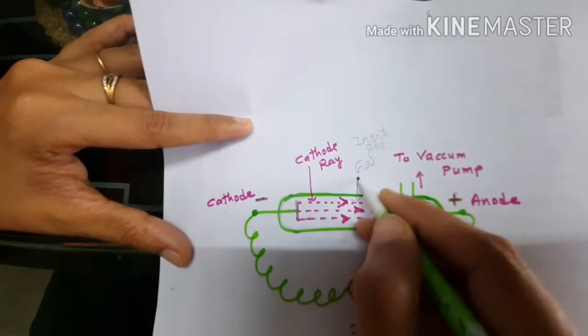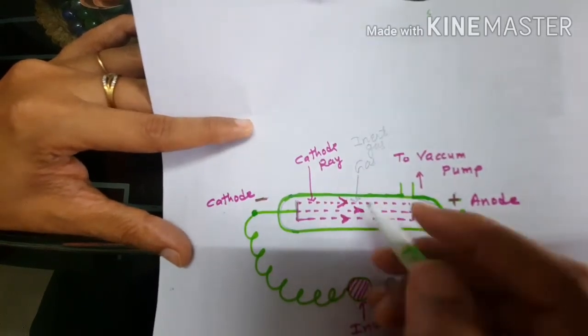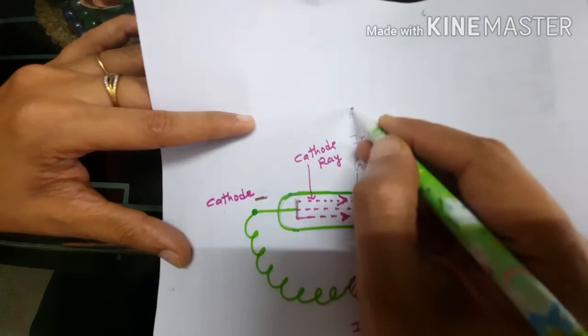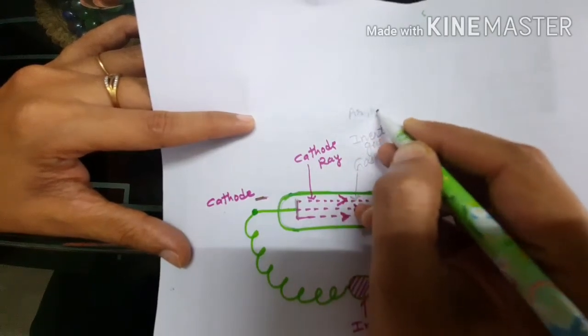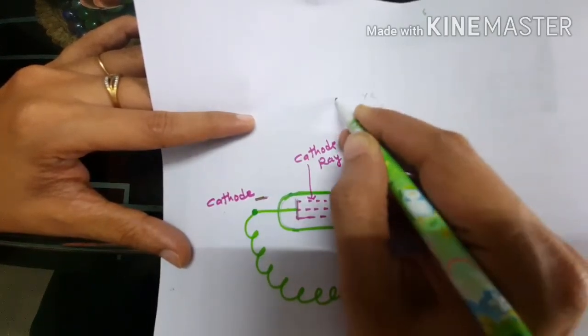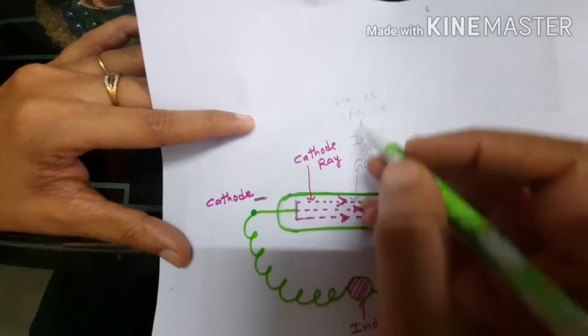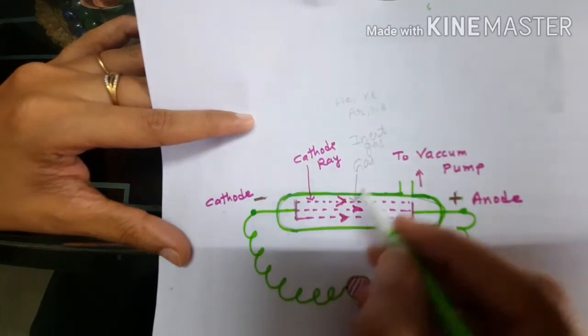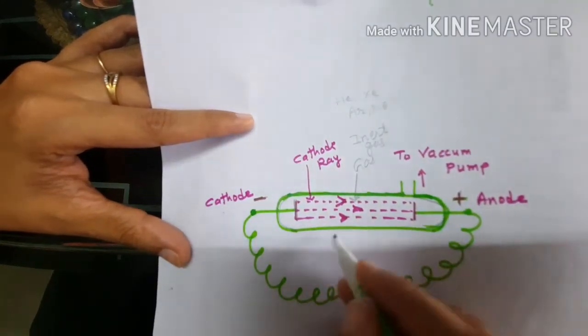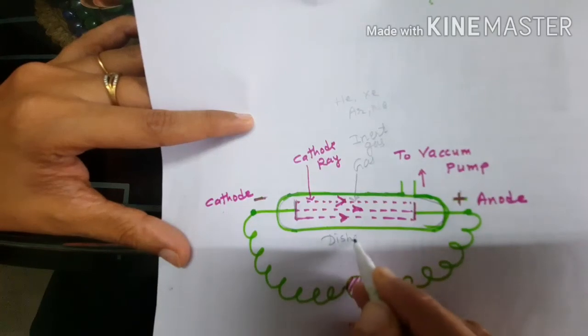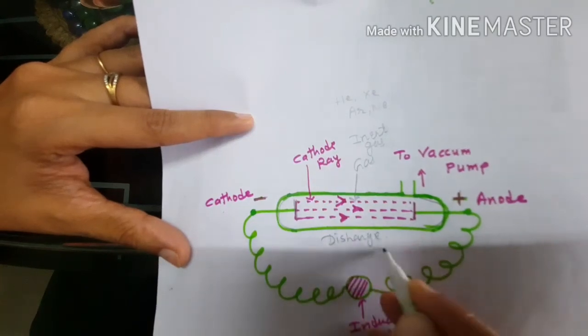Inert gas is filled in it. Inert gases like argon, neon, xenon, helium, all of these are inert gases. So one of the inert gases he filled in this discharge tube. This is the discharge tube.